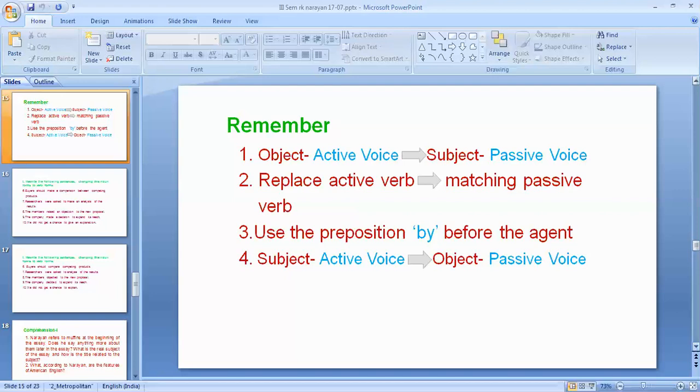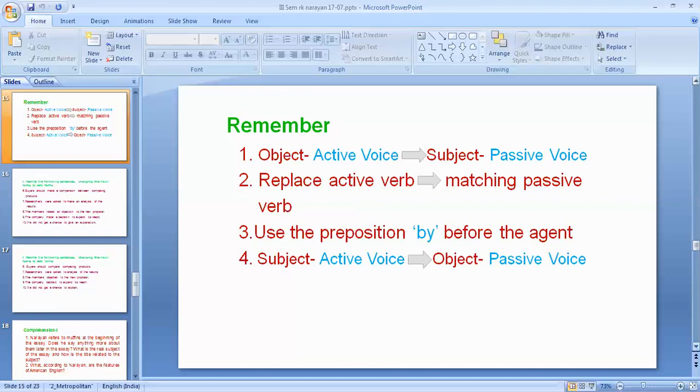That is the second rule. And the third rule is to use the preposition before the agent. In passive voice, if we mention the agent, the doer of the action, then we have to place the preposition by, because this is done by somebody. Informal English is used by Americans. So who is using? By Americans. So the preposition by should be used before the agent.